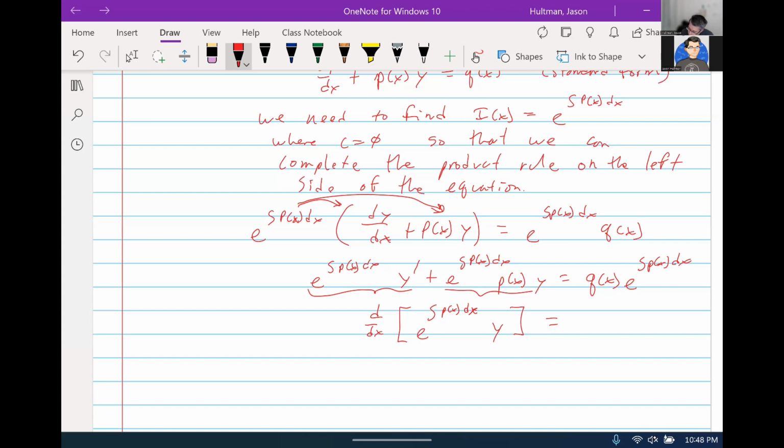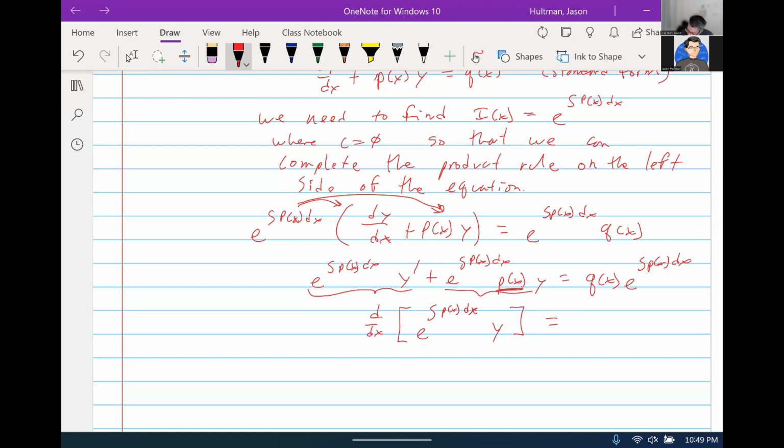And if I took the derivative of e, well, that's itself, times the chain rule. The derivative of e to the integral, well, the integral of p of x would be big P of x. By the fundamental theorem of calculus, if I took the derivative of an integral, I would just get the original value p of x back out. So think of it as we're taking the derivative of this e to the integral p of x dx.